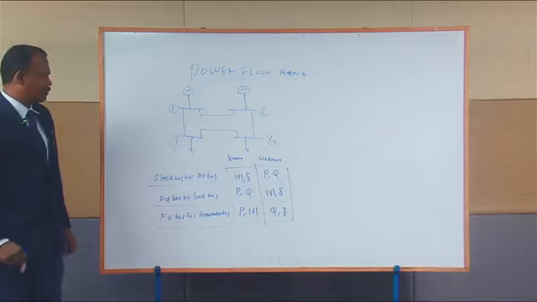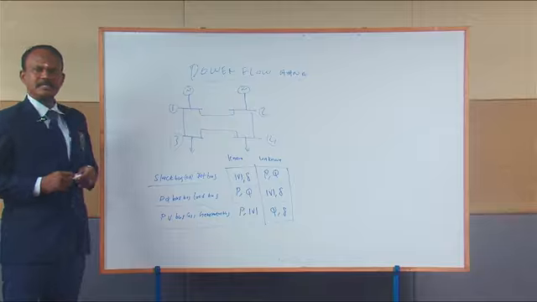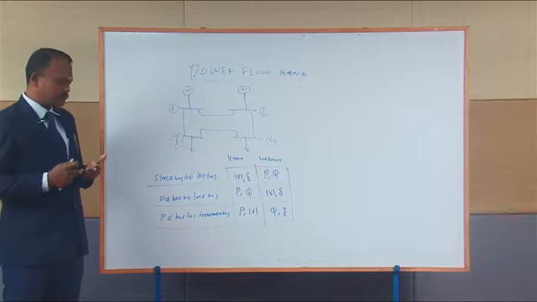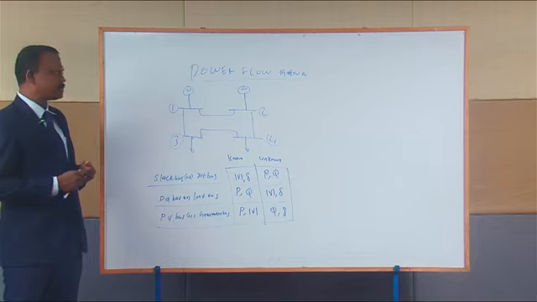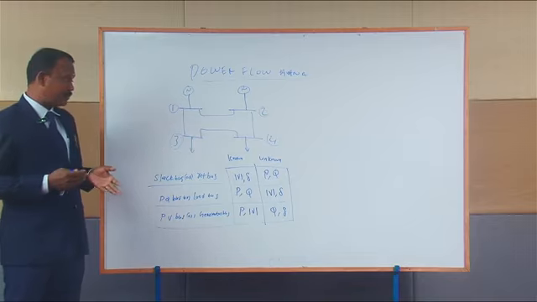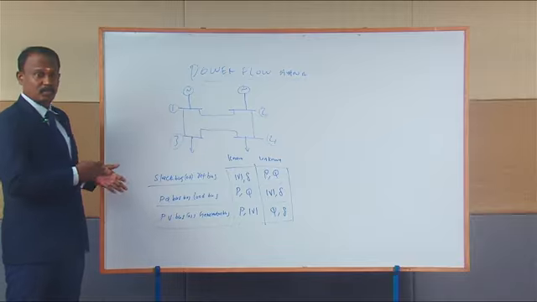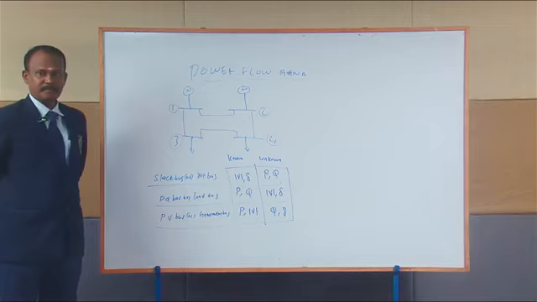These are the basic classification of buses. To study power flow analysis, we need to understand the different types of buses, which parameters are known and which we need to find.